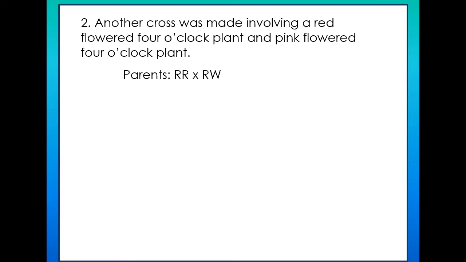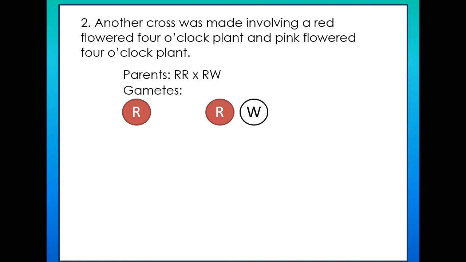Getting again the gametes present for each parent, for the red parent we have only 1 gamete, that is just R. For the pink one, we have 2 gametes, the R and the W.